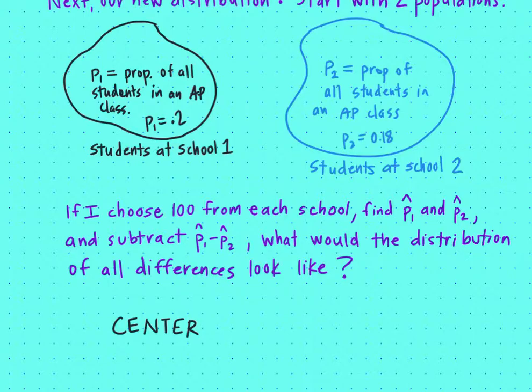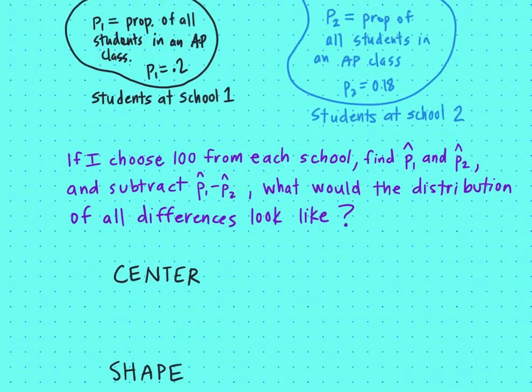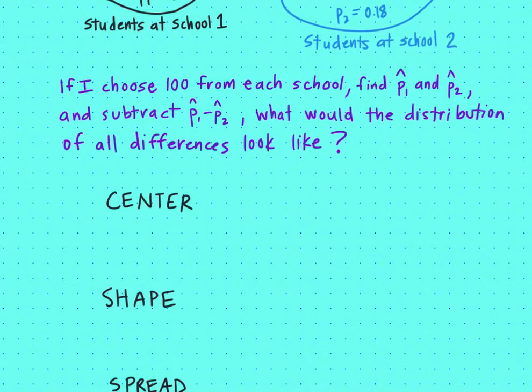So what would all these differences look like? I'm going to run through the same things we just did for one proportion, but do it for a difference in two proportions. If you look at your formula sheet, mu sub P1 hat minus P2 hat, so the average of all the different little individual differences is P1 minus P2. That's just like what we saw earlier.